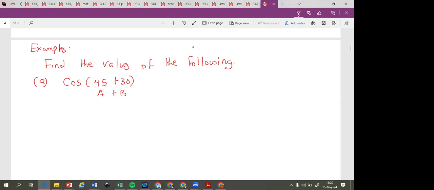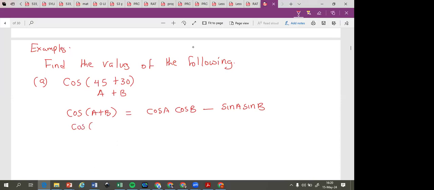What happens? I need to remember that cos of A plus B, when I expand, I'll have cos of A, cos of B, minus sine of A, sine of B. That is the expansion.